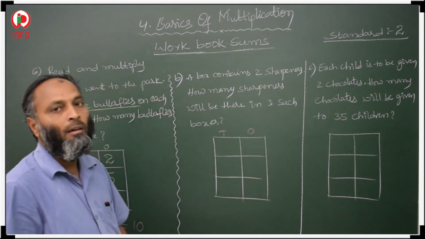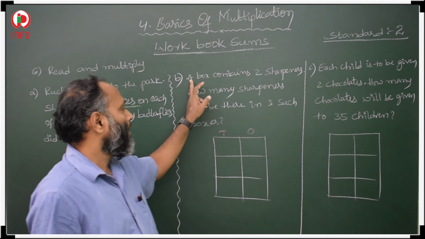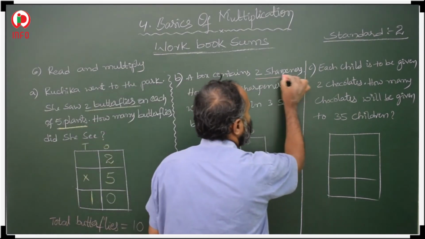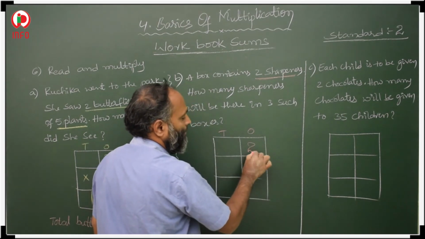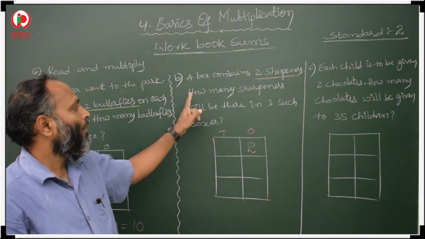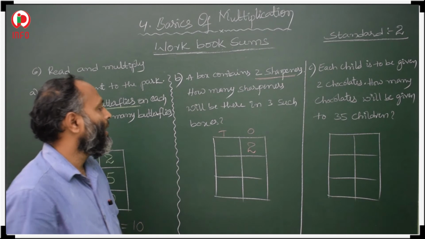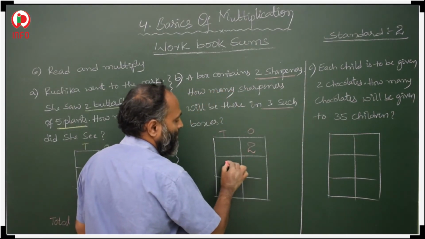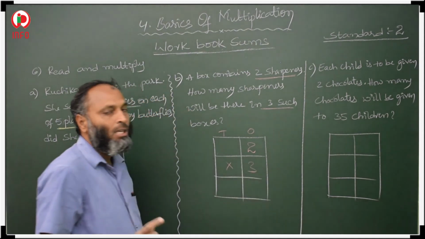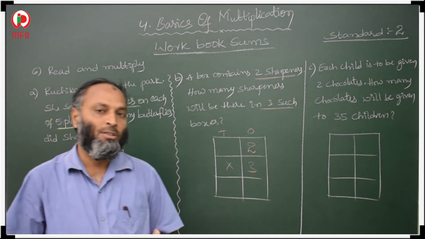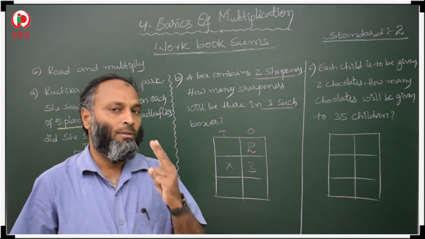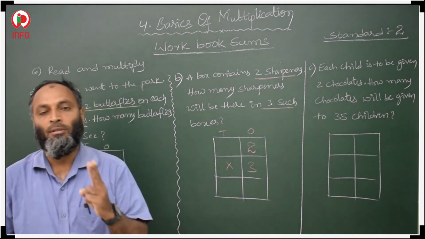Now first read the question. A box contains 2 sharpeners. How many sharpeners will be there in 3 such boxes? How many boxes were there? 3 boxes were there. In each box, 2 sharpeners. In the first box 2 sharpeners, in the second box 2 sharpeners, and in the third box 2 sharpeners.